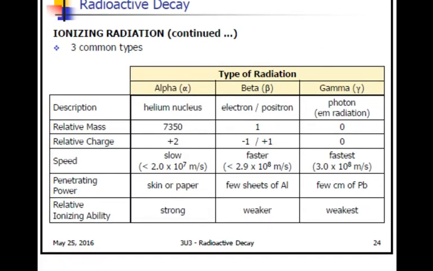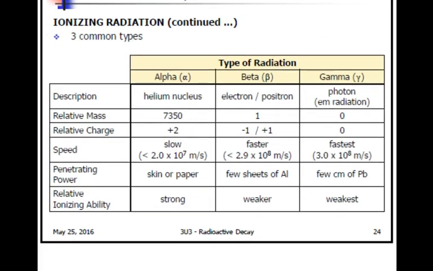So for ionizing radiation, the three types are alpha, beta, and gamma radiation. The particle for each is either a helium nucleus, an electron, or a positron for alpha and beta. Gamma radiation is a photon. You can see the mass of the photon is 0. The relative mass of a helium nucleus is much larger than a beta particle.